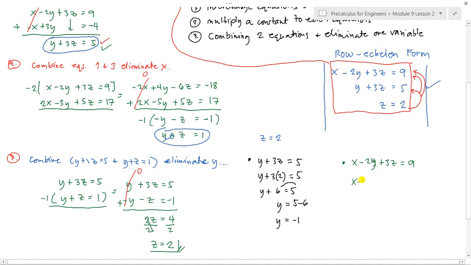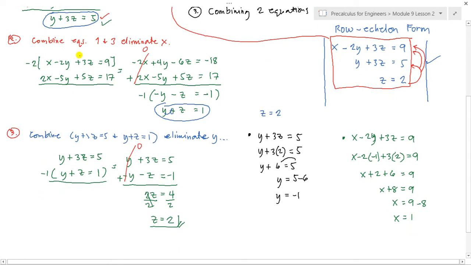So, we have x minus 2 times y negative 1 plus 3 times z is 2 is equals to 9. So, here, we have x plus 2 plus 6 is equals to 9. So, this would be x plus 8 is equals to 9. So, we have x is equals to 9 minus 8. Therefore, x is equal to 1.